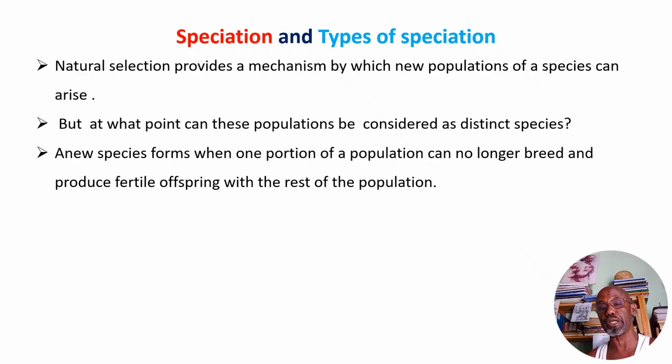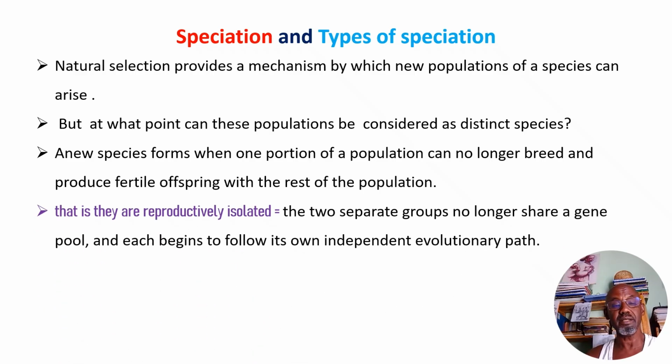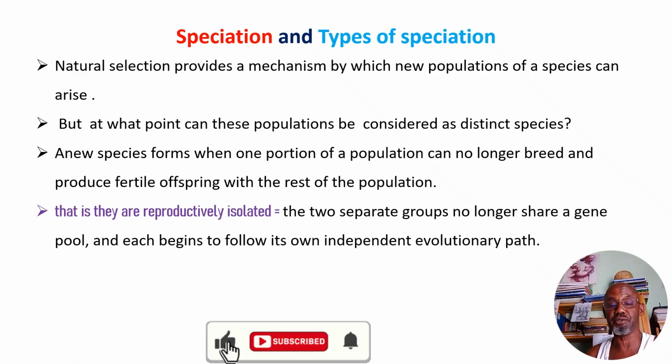Or if it survives long enough, it becomes sterile, just like the mule obtained from the horse's egg and the donkey's sperm. That is, they are reproductively isolated.